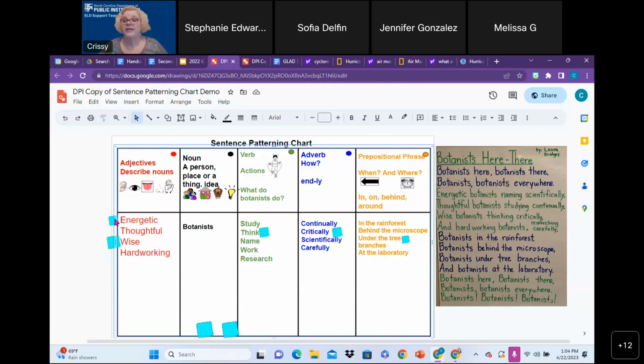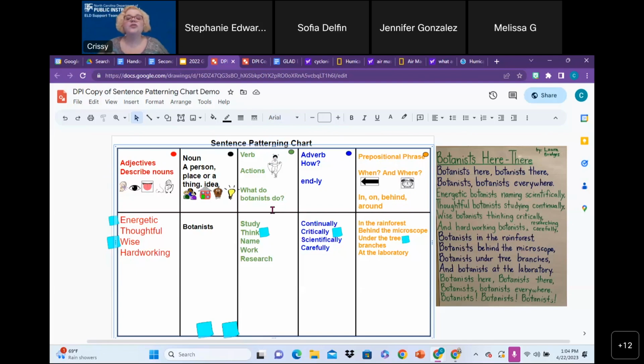It can be varied. So let's say I have some really high flyers, and they don't need this structure anymore. Then I can rearrange my chart, and I can take my prepositional phrase and put it in the beginning. If I move that prepositional phrase to the beginning of the sentence, I now have an introductory phrase, which is a complex sentence. Or if I move that prepositional phrase to the middle of my sentence, I have an embedded clause.